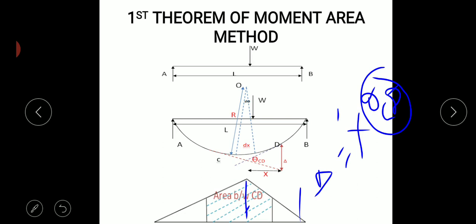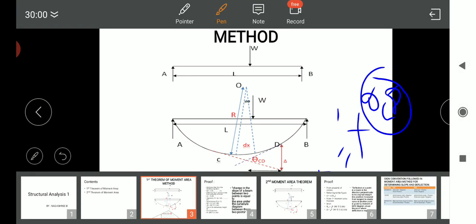After that, I calculate the centroidal distance, I mean the distance from the support to that point, and I multiply it with the area, so that I will get the overall deflection at that point. So this is all about the deflection in concern.